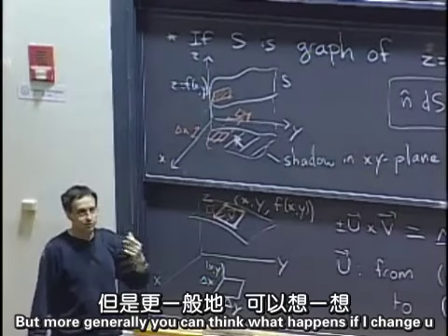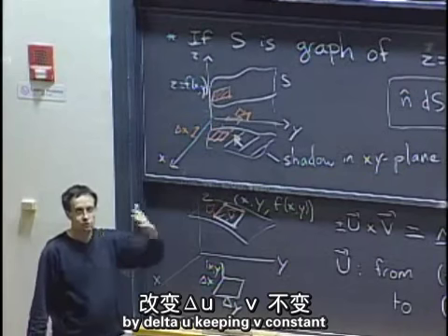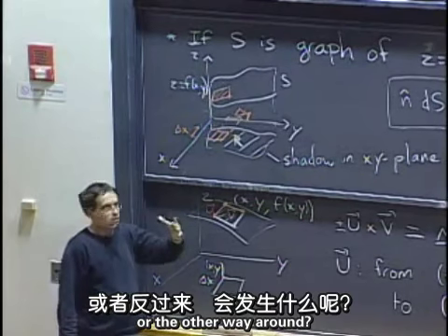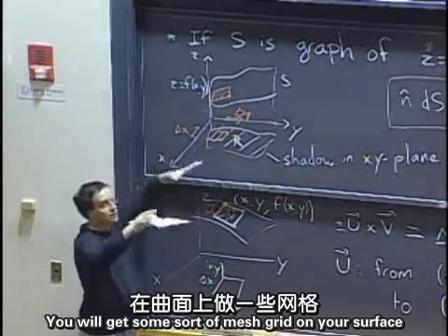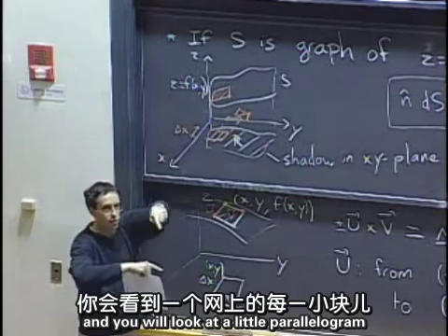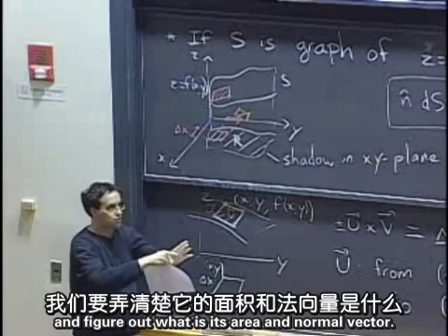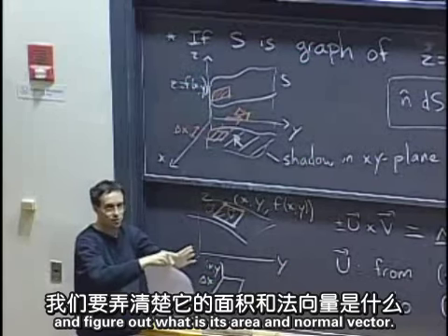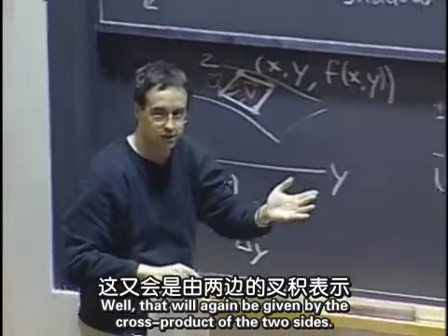But more generally, you can think, what happens if I change u by delta u, keeping v constant, or the other way around? You will get some sort of mesh grid on your surface, and you will look at a little parallelogram that's an elementary piece of that mesh, and figure out what is its area and normal vector. Well, that will again be given by the cross product of the two sides.